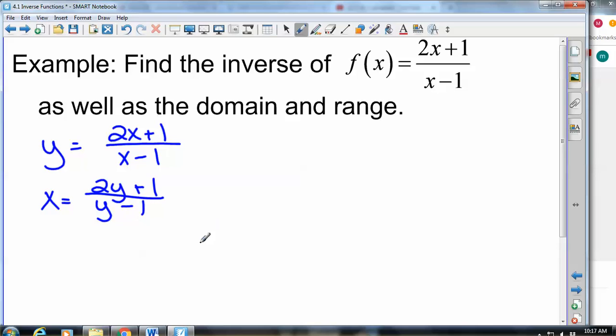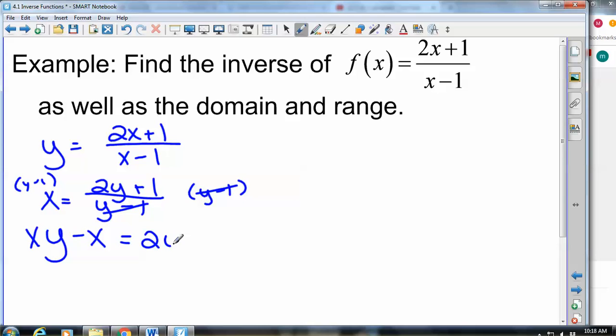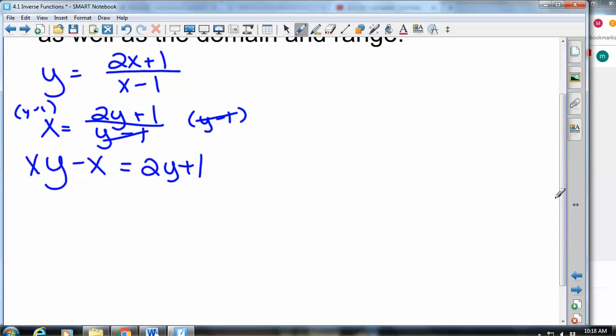Okay, what do you think we need to do next? Multiply by our denominator. So if I were to distribute, we get xy minus x equals 2y plus 1. I have to solve for y.